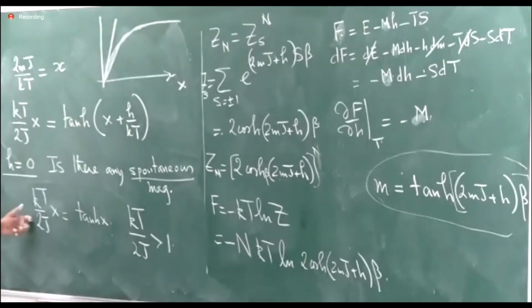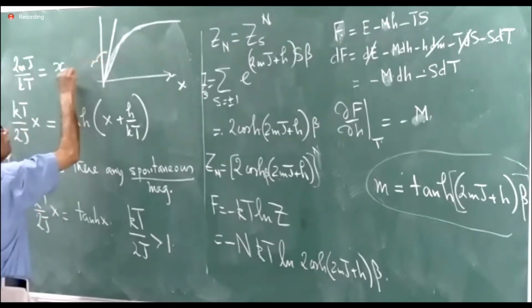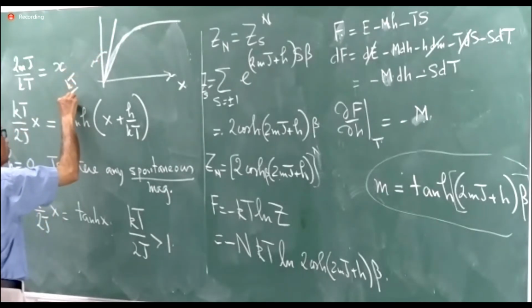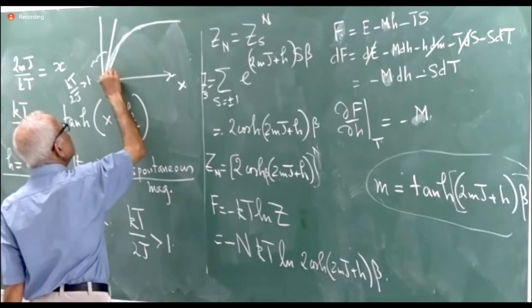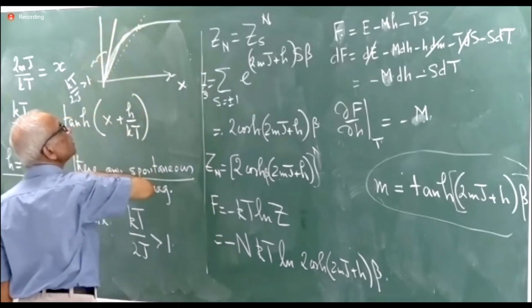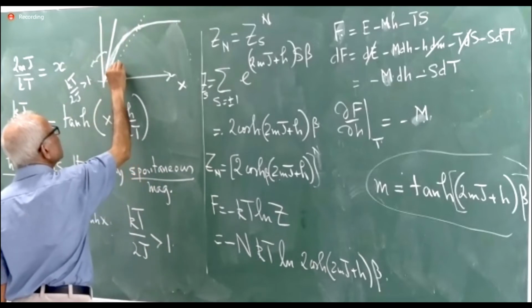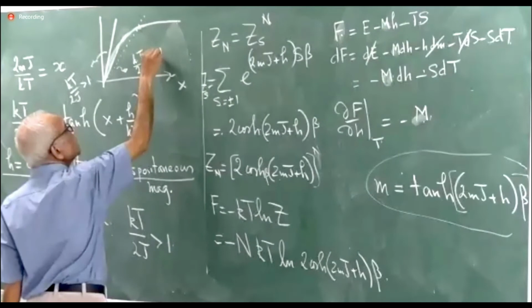This is if kT over 2J is greater than 1. And if it is lower than 1, then it is a lower slope over here, and you get a second intersection. So this is for kT over 2J less than 1.